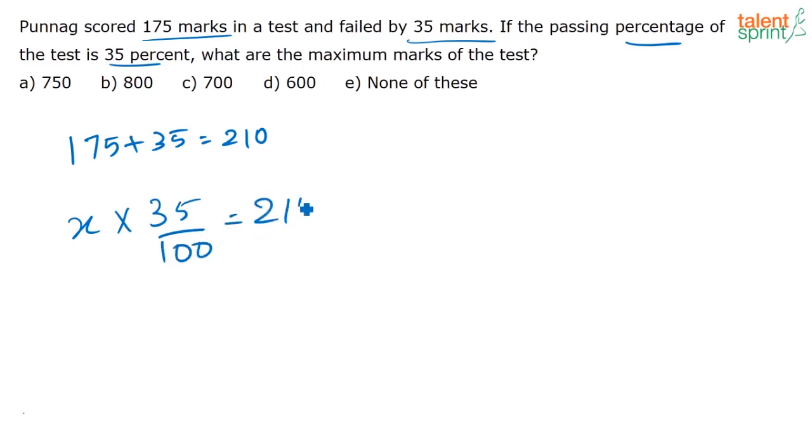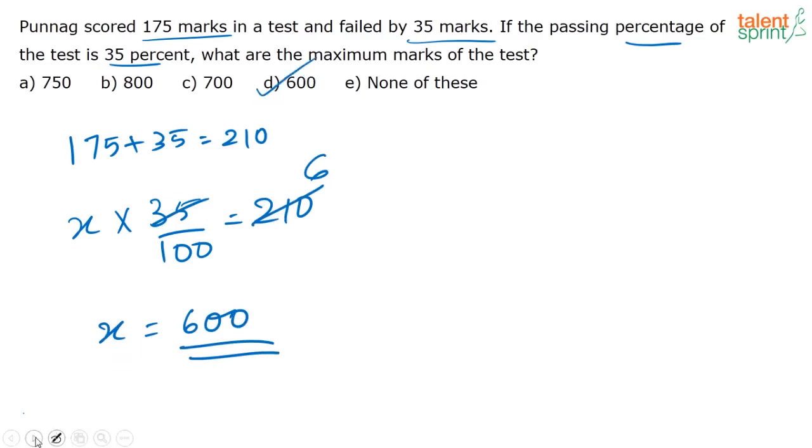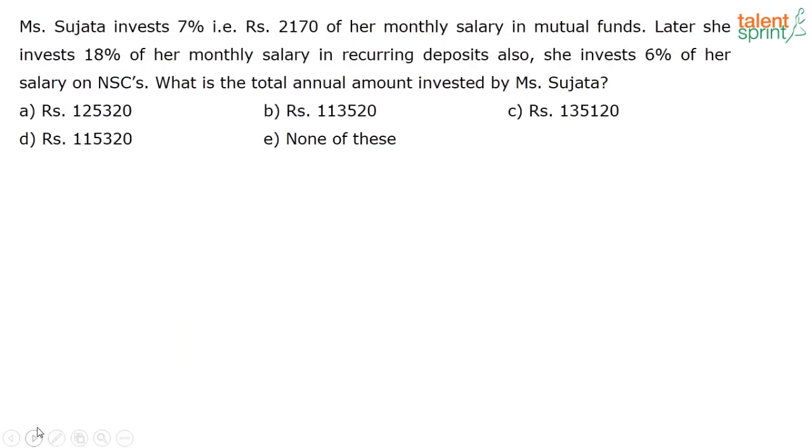And this is equal to 210. If we solve for this, 35 into 6 is 210, or you can say X is equal to 600, or the maximum marks for the test is 600, that is option D. Easy question, right? These are mark-scoring questions. We should never miss out on such questions. We should get them right.